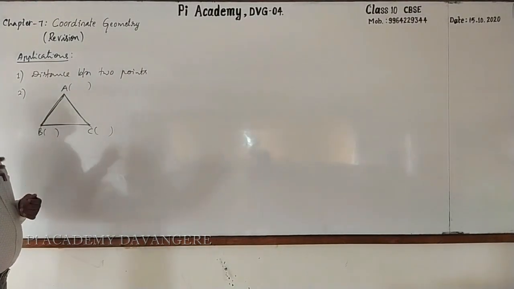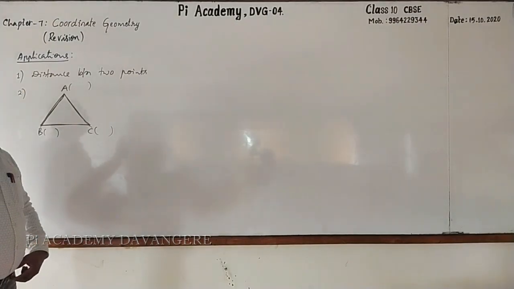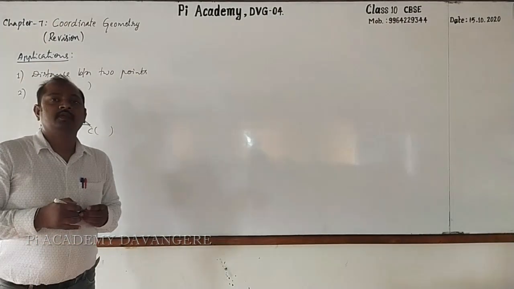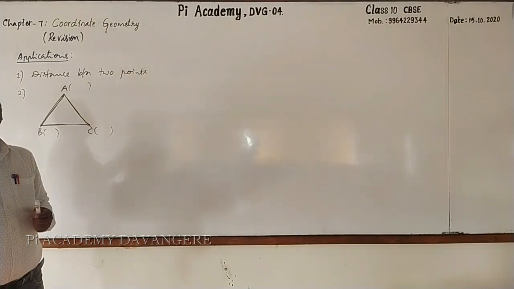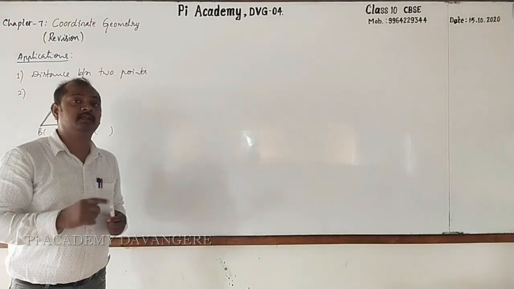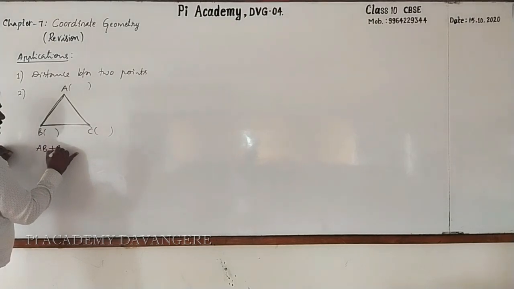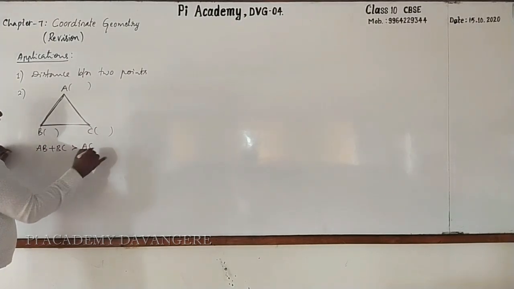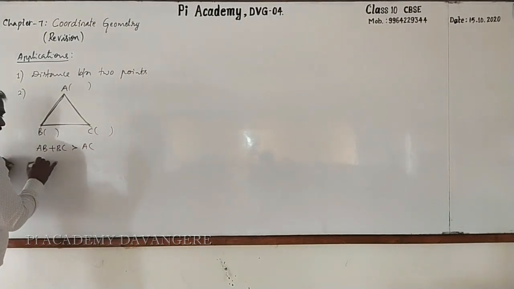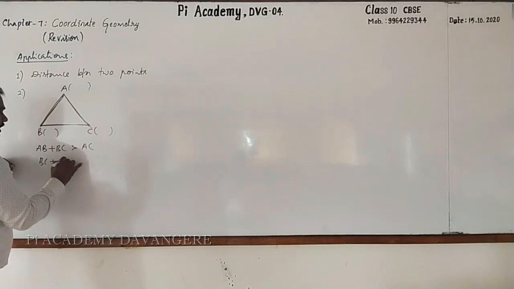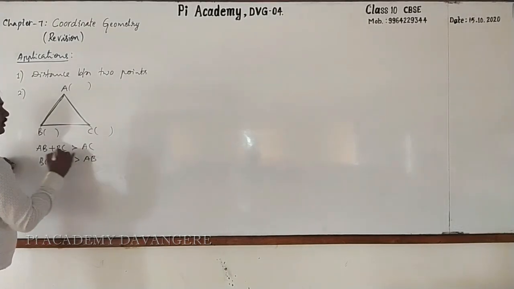Followed? We all know one of the important properties, that is, in any triangle the sum of two sides will be greater than the third side. So you can check whether AB plus BC is greater than AC or not. Then BC plus CA is greater than AB or not.